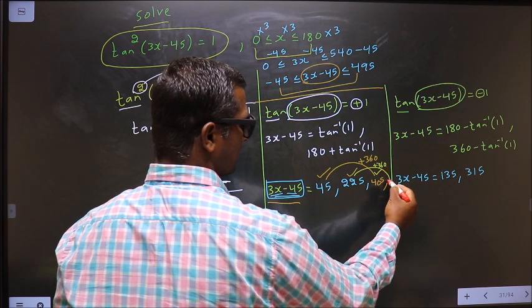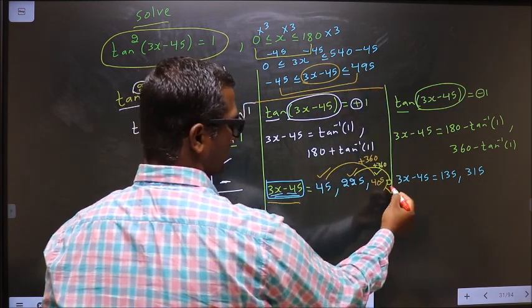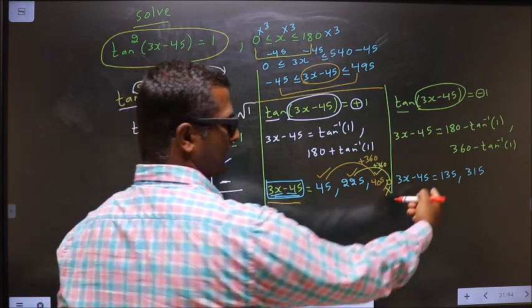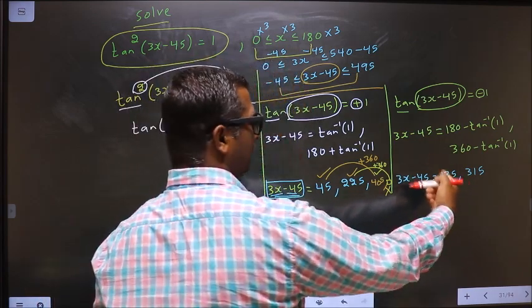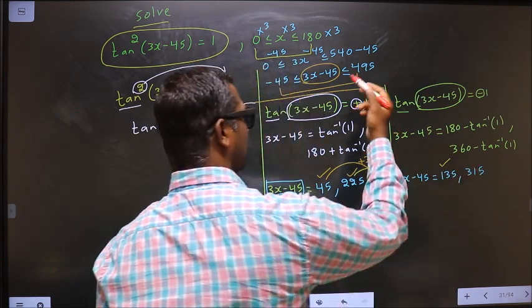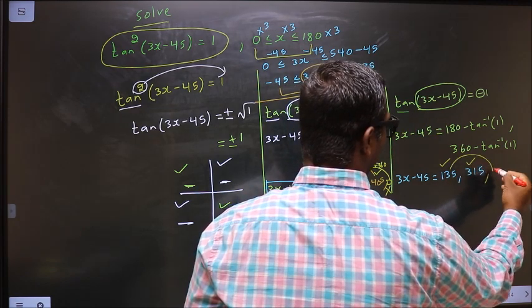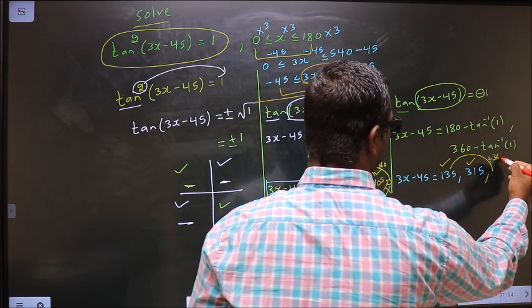When I add 360, I get a value which does not lie in this interval. So I reject this. Now here, does 135 lie in this interval? Yes, accepted. Does 315 lie in the interval? Yes, accepted.